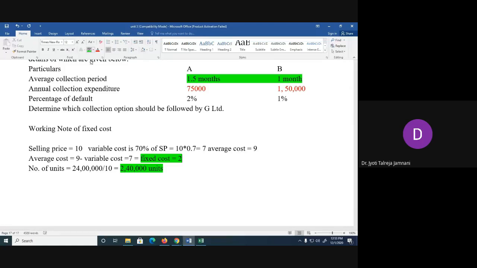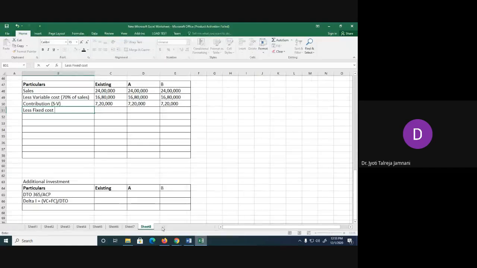So 2,40,000 into 2, I'll get the fixed cost, and fixed cost will not change with the change in sales. So it will remain the same for all the three options, 2,40,000 into 2 rupees, which comes to 4,80,000. Then we have another cost, less cost of collection.